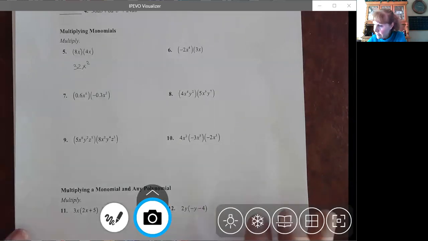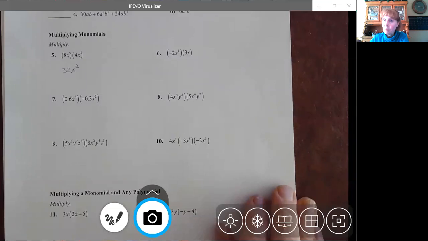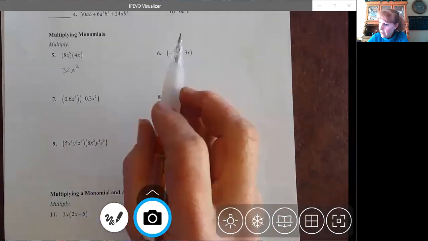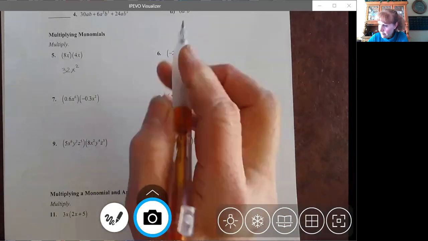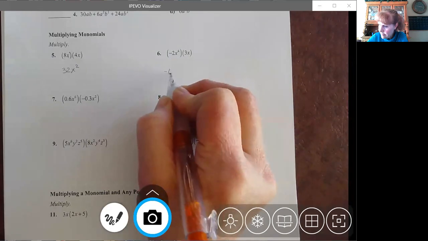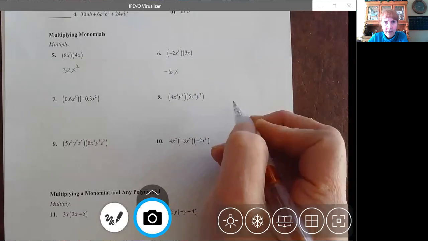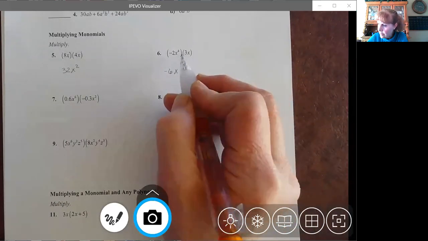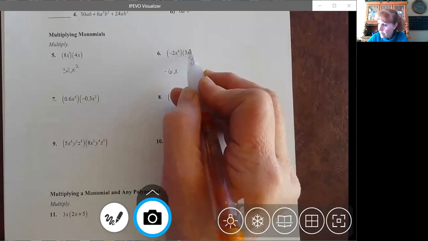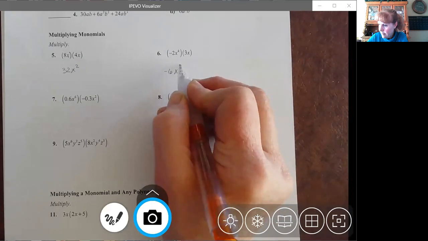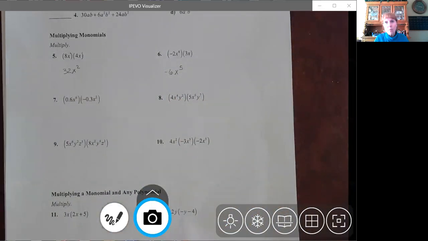Let's look at number 6. Multiply the coefficients, -2 times 3, -6, common base of x, and you add the exponents, 4 plus 1. It's really easy to forget there's a 1 there, so try not to do that.